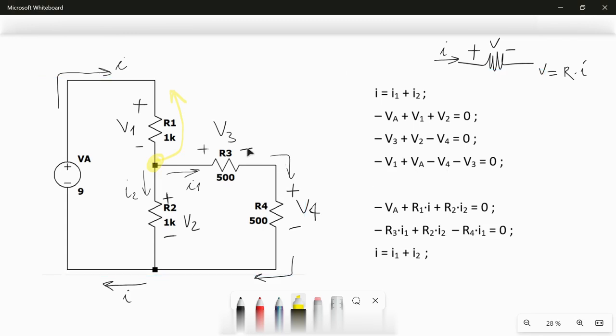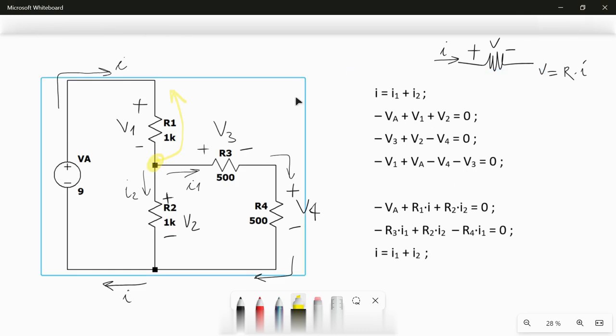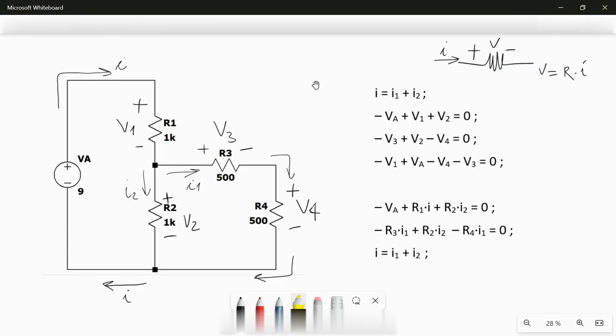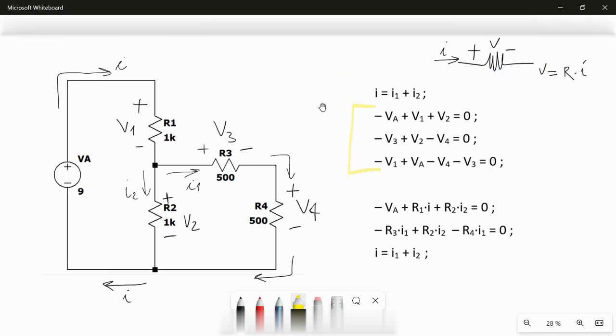And finally, I find V3 with the minus sign first. So I write down minus V3. So this is all I have to do for solving my problem. This is the first step. I write down the equation following the first law of Kirchhoff of the sum of all the voltage drops in each mesh.